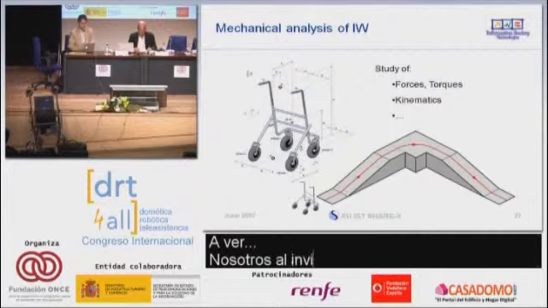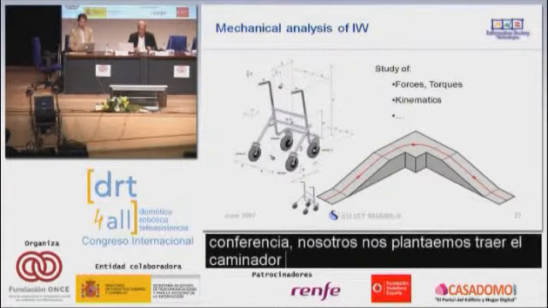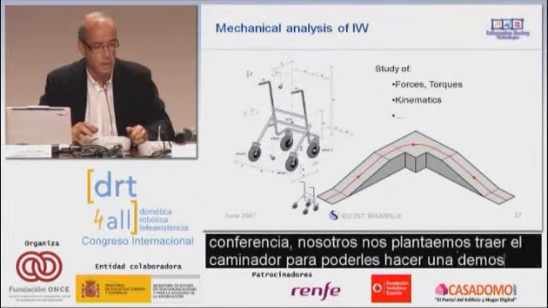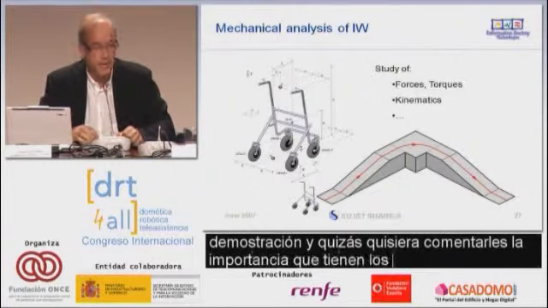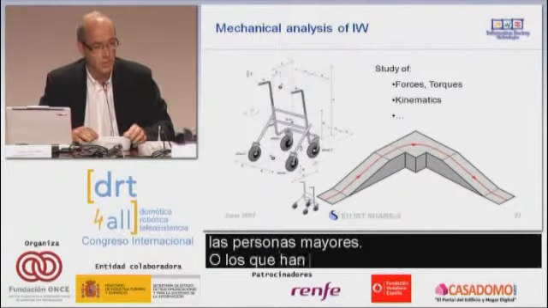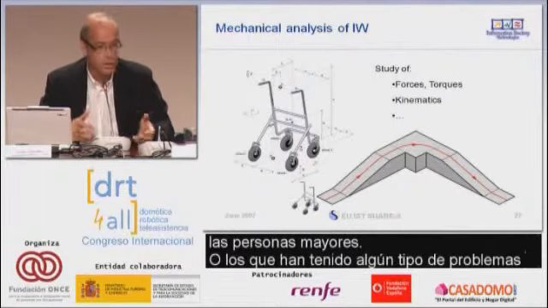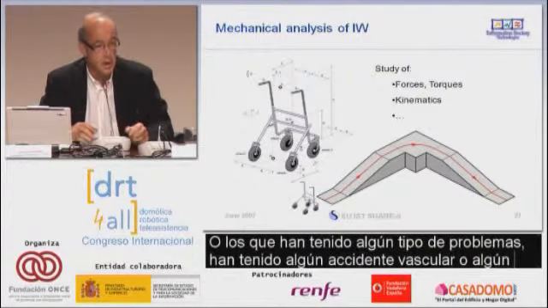When we were invited to give this talk, we wanted to bring the walker to give you a demo. And I'd like to mention the importance of these walkers for the elderly or people who had some sort of problem, a vascular problem or trauma.